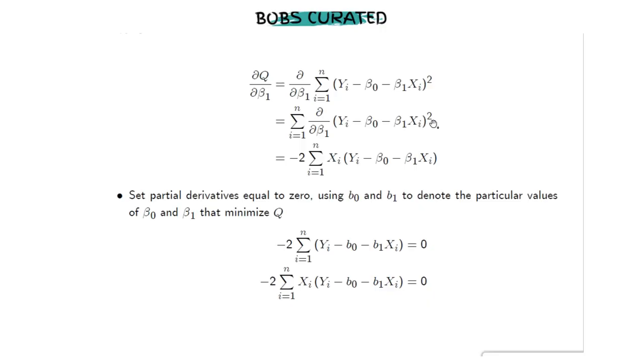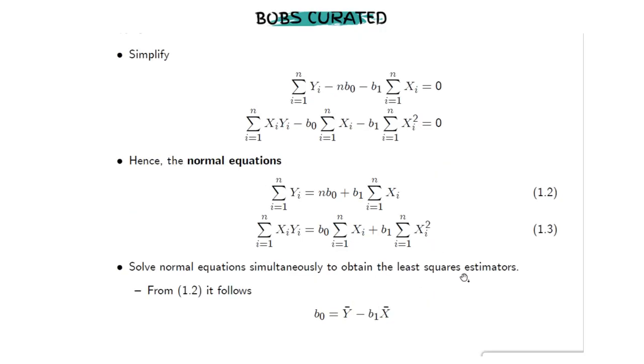After we've calculated the partial derivatives, we can now set them equal to 0, like this. What you must realize over here is that suddenly the beta 0 and the beta 1 will now be equal to b0 and b1, and those two are going to be the least squares estimators. As soon as you set it equal to 0, the notation is going to change over here.